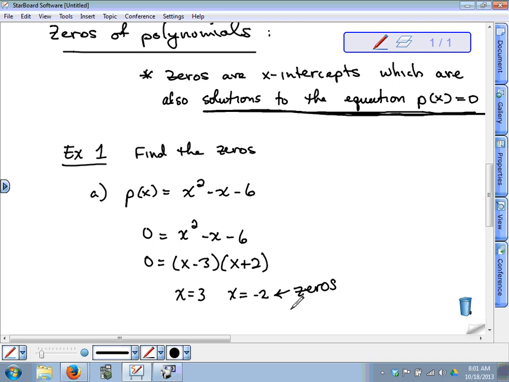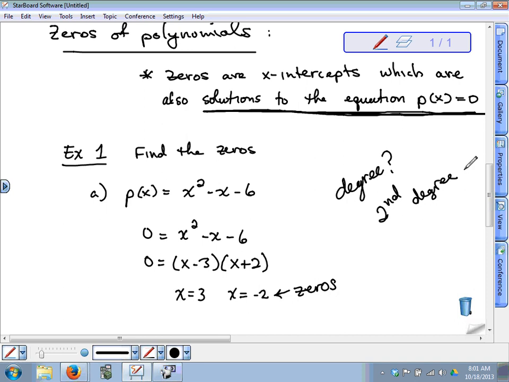Now here's something you need to consider. Answer this question. What was the degree of that polynomial we started with? Degree 2. If we look at the highest exponent, it's degree 2. Second degree. How many zeros were there of the polynomial?